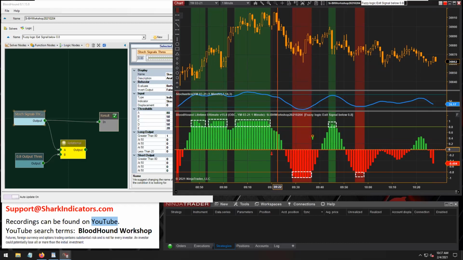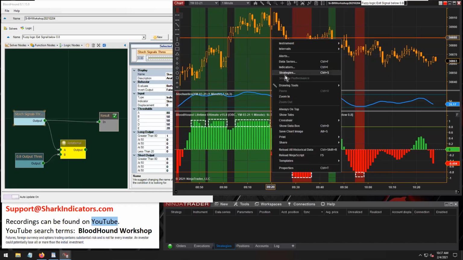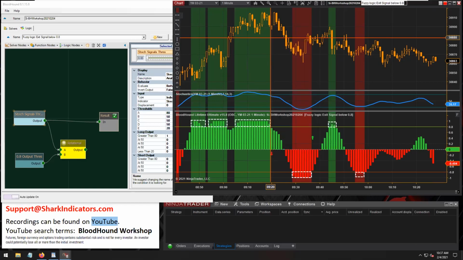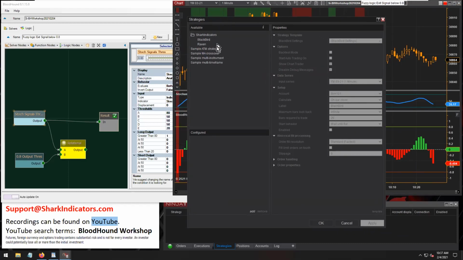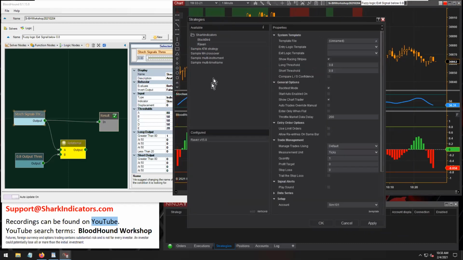Let's take a quick look at where this exit signal comes into play. We'll just quickly take a look at the strategies here. Let's open up the strategies window and take a look at Raven.